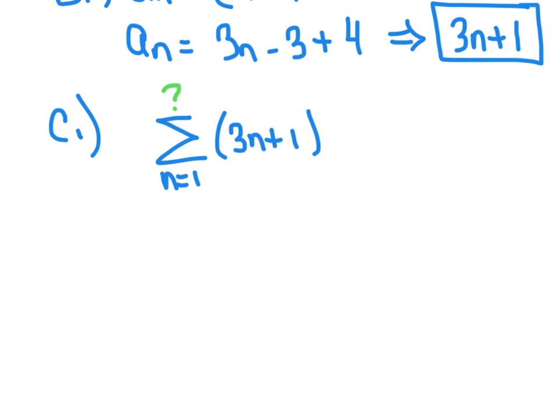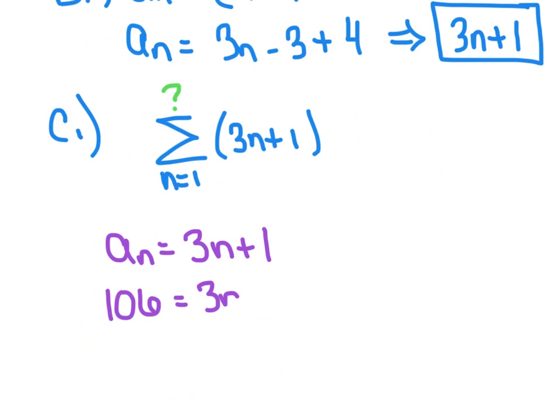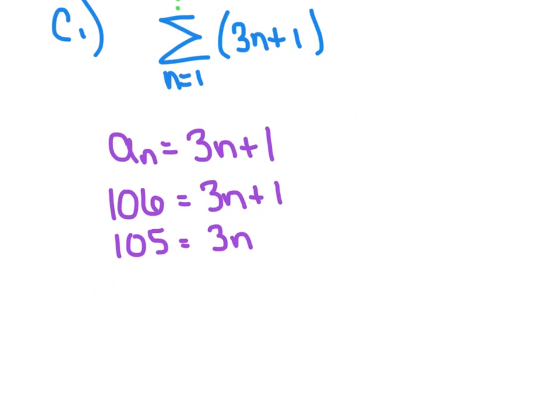Now, I better pull out a different color because this is big time work right here. We already know that the nth term is defined as 3n plus 1, right? Well, what if I substitute the 106 right here and I try to solve for n? So I would subtract 1 from both sides. And now I'm going to try to divide both sides by 3. Bang, bang.